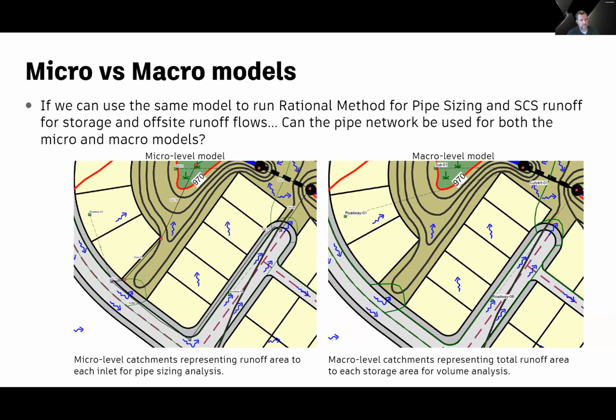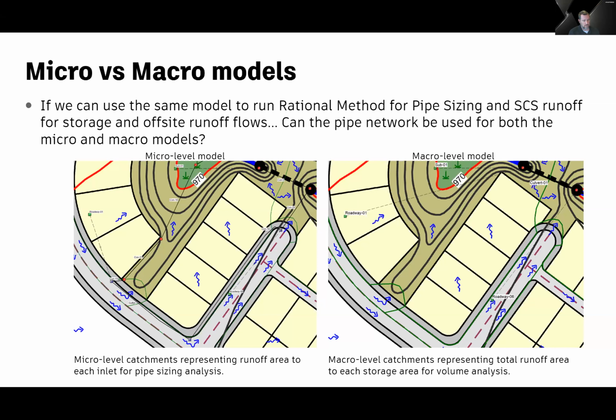So one of the questions on the survey is trying to get at how important it is to continue to separate those. If we're using one tool and one model, and the model is linked directly to analysis, is it still important that at the macro level you design separate reaches from your pipes? Certainly in the past, that's what you probably would do, because every time your pipes changed, you don't want to go back and rerun your pre versus post.